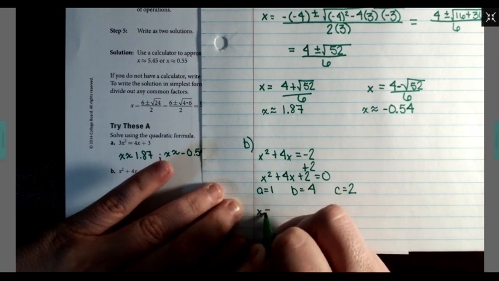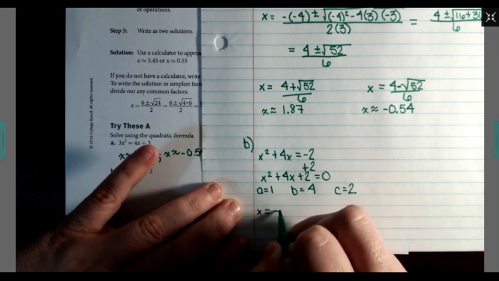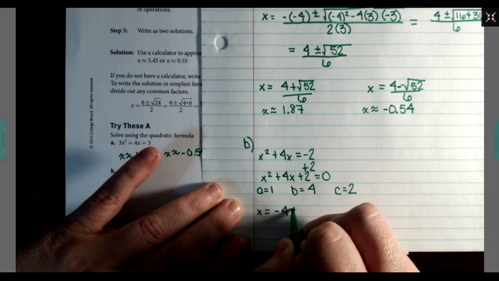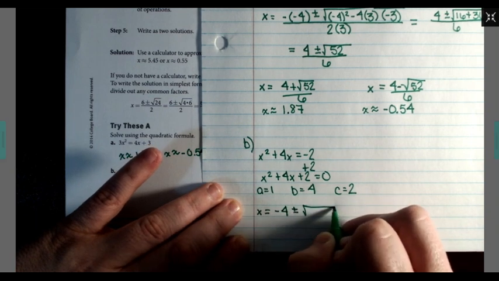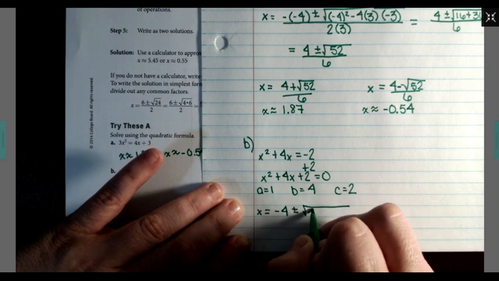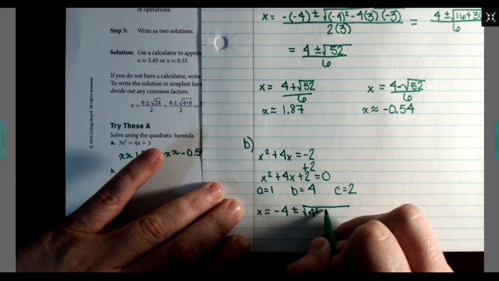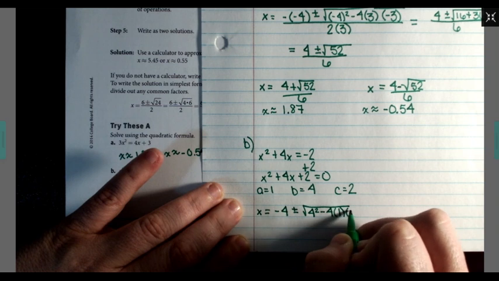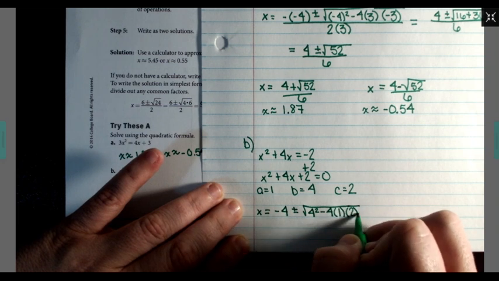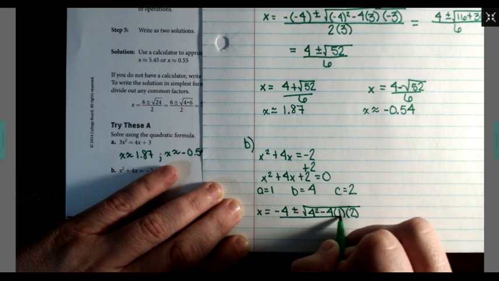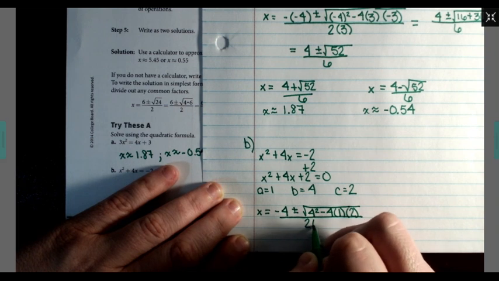So x equals negative 4 plus or minus the square root of 4 squared minus 4 times 1 times 2 all over 2 times 1.